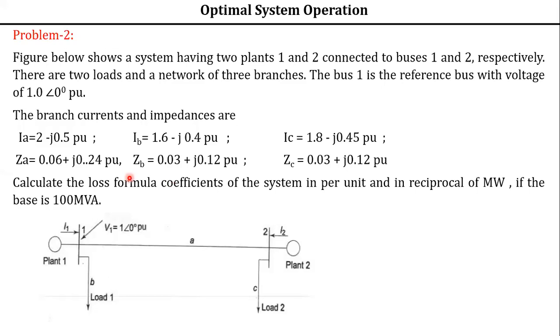You have to find the B coefficients in per unit and in reciprocal of megawatt, that is megawatt inverse, which is the unit of the B coefficients, if the base MVA is 100 MVA. This is the problem given.